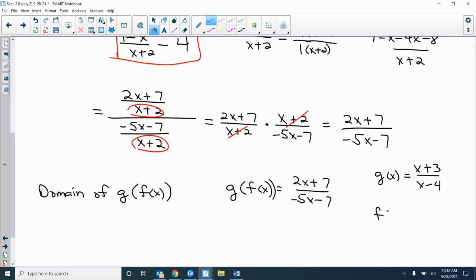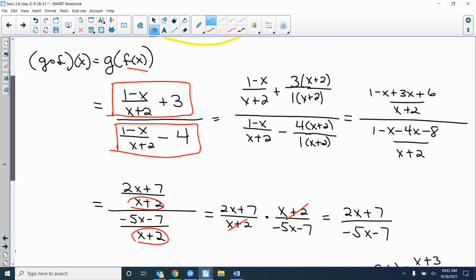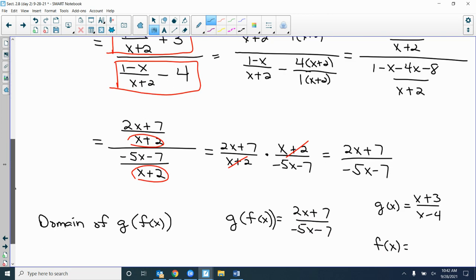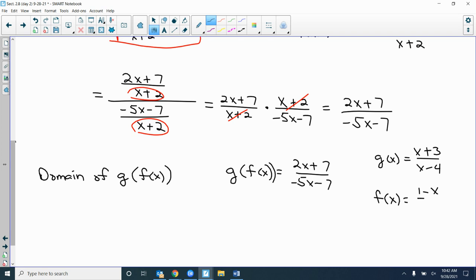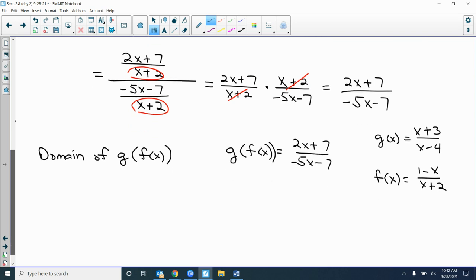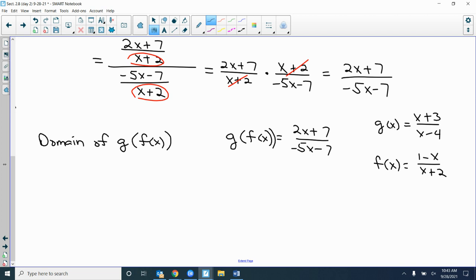And I know that f of x equals 1 minus x over x plus 2. All right, I got all the information in. All right, what have I got in there? Lizzie, you got any ideas on the domain?